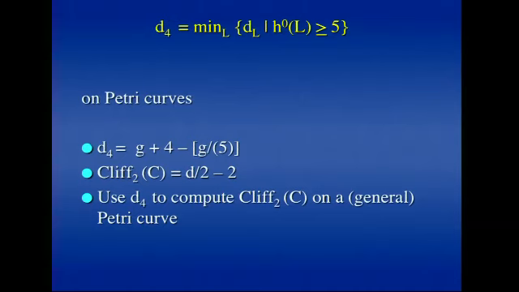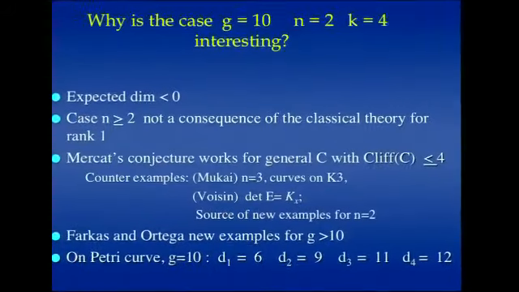D4 is the smallest possible degree of a bundle that has 5 sections. And again, if we look at the Petri curve, then we can calculate all the indices that we had defined, and they come out nice and easy. In here, they're all integers. And we'll concentrate more or less on this case.